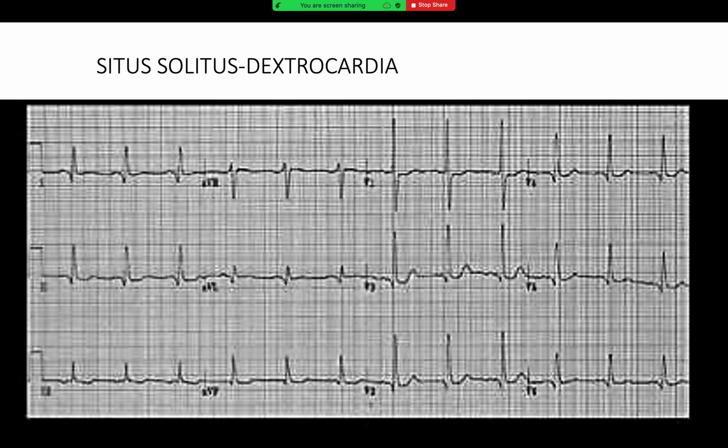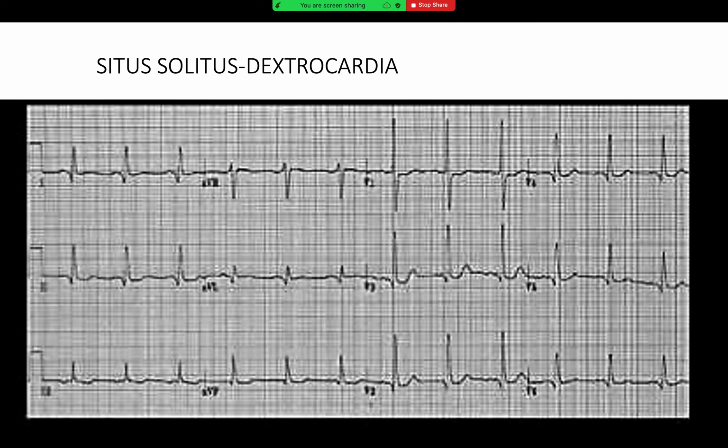Okay, wonderful. So what do we notice in this ECG? If we look carefully, as I had said, one of the important things to look at is lead 1, AVL, and AVR. There are upright P waves in lead 1 and AVL, while in the AVR it is inverted.